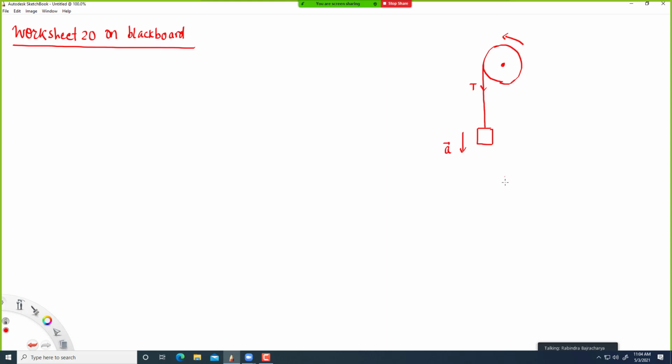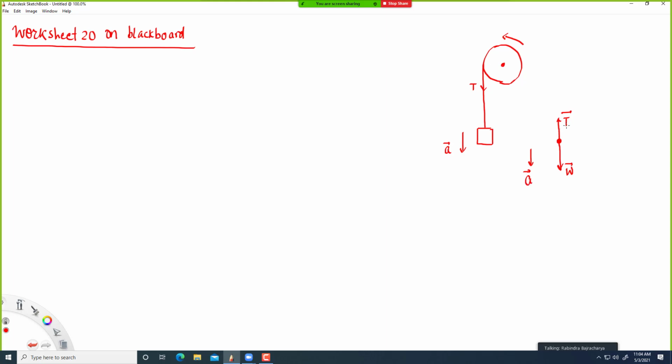And this block has some weight. If we draw the free body diagram for this block, there would be the weight of the block, and there is tension T. This weight would be larger than tension because there is a net force or net acceleration down. So that's the free body diagram for the block, and this is the acceleration that we want to find.